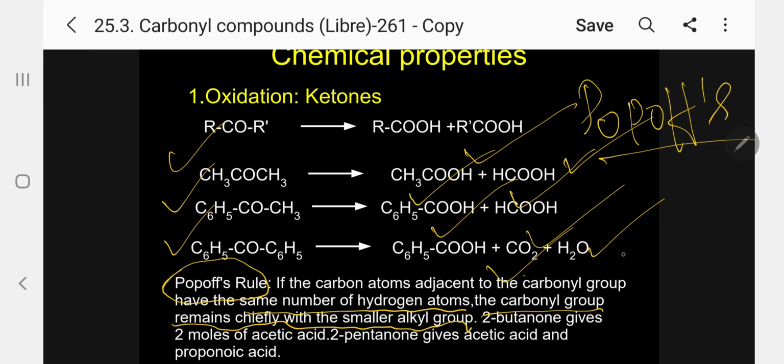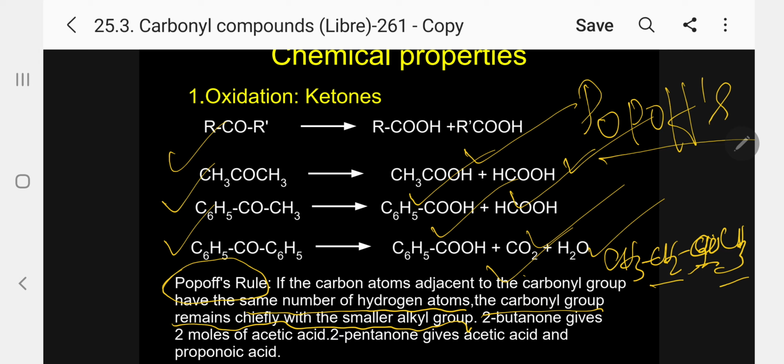Let me take 2-butanone. According to Popoff's rule, if the carbon atoms adjacent to the carbonyl group, in this case CH2 and in this case CH3, have the same number of hydrogen atoms, the carbonyl group remains chiefly with the smaller alkyl group. Now it will cleave only here, on the side containing the lesser number of hydrogen atoms.